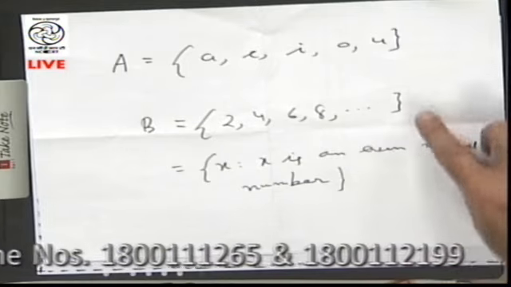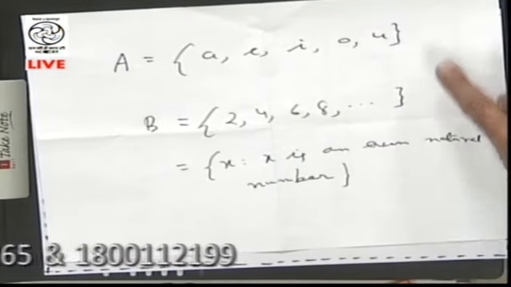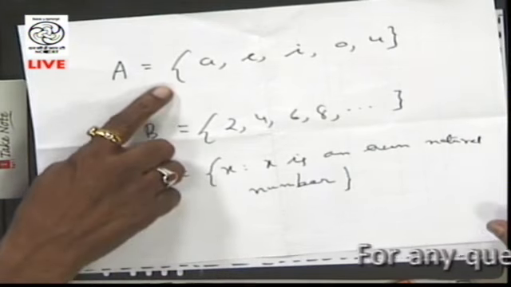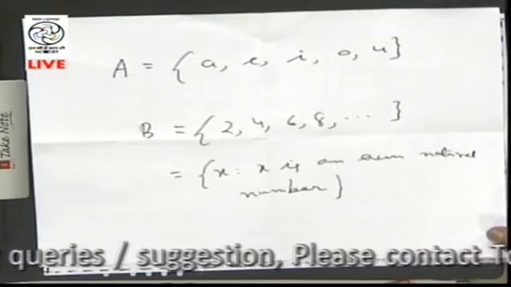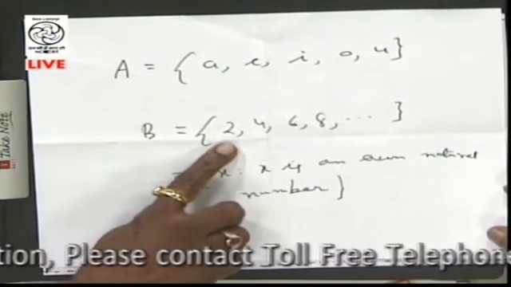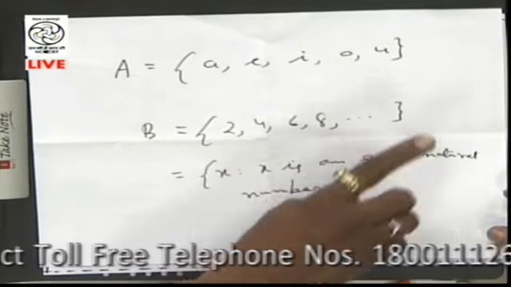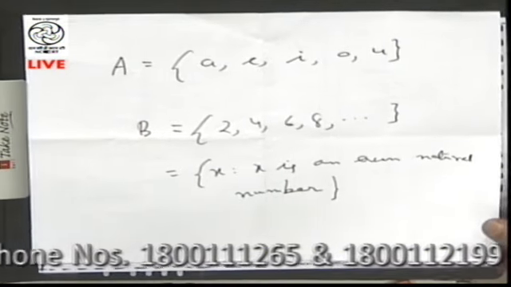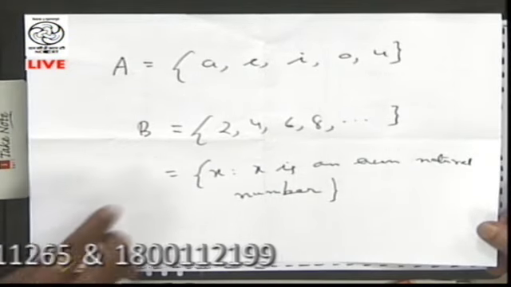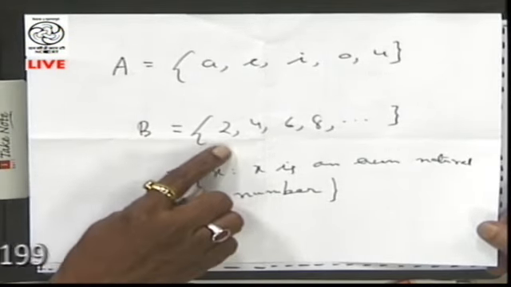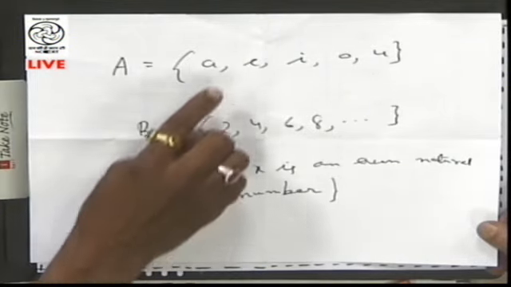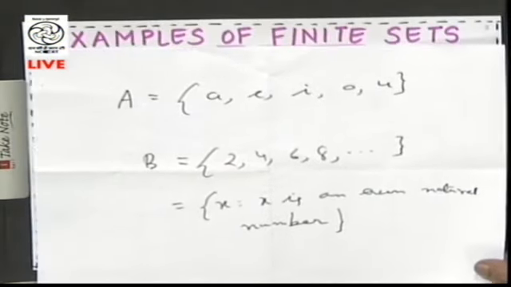So this is the case of a finite set and this is a case of an infinite set. You can see the difference: in this set the number of elements terminates at some place, whereas in this set the sequence does not terminate, it goes on, and so we say that this is an infinite set. It contains an infinite number of elements, whereas this set contains a finite number of elements.